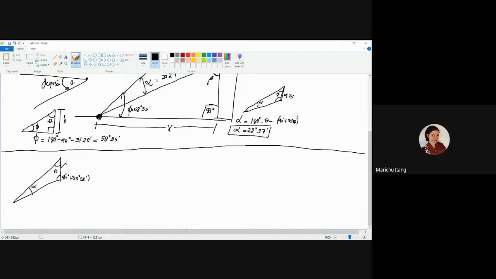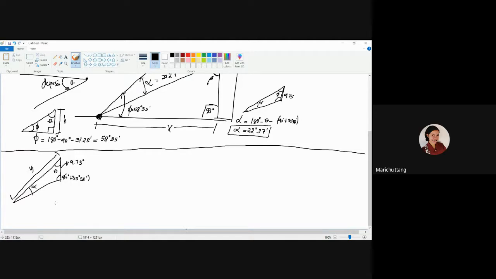And the length of this line is 9.75. When we determine the length of this side, we can determine the length of this line here. Let's say this is line y.